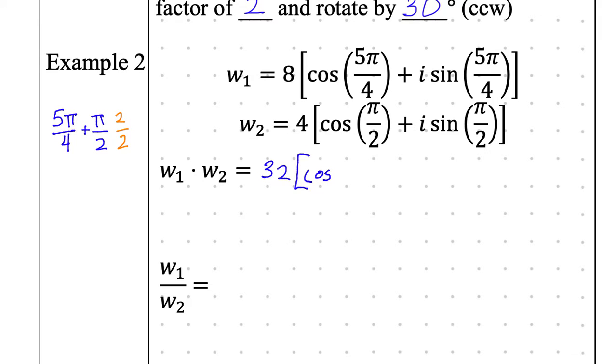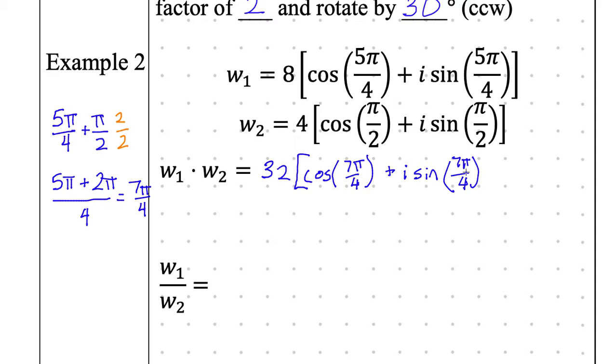That's now going to be 5 pi plus 2 pi, both of them over 4, and it simplifies to 7 pi over 4, which means I'm really doing cosine of 7 pi over 4. Okay, and I'm going to add that to I sine, same thing, 7 pi over 4.